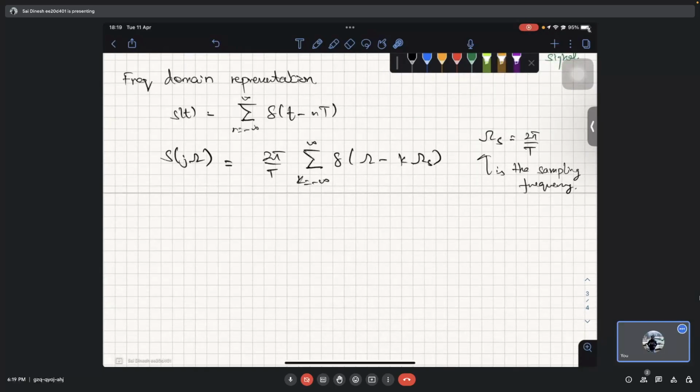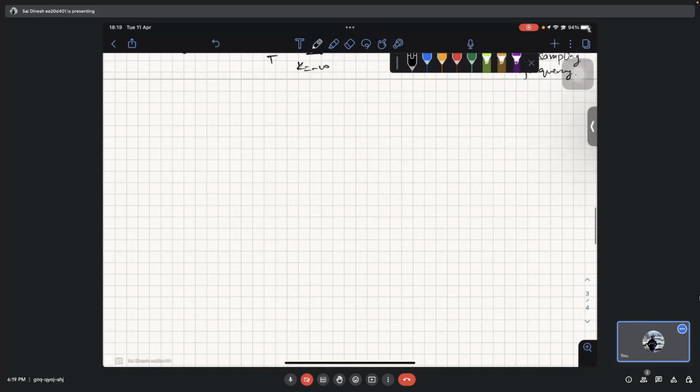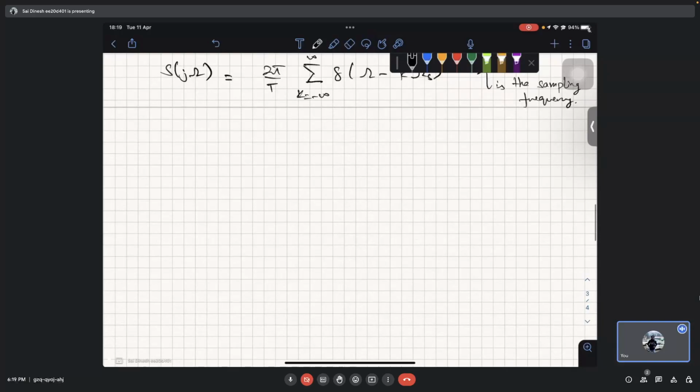So an impulse train in the time domain is again an impulse train in the frequency domain, right? Now, one more thing that we knew earlier is that xs of t is equal to xc of t into s of t, meaning in the frequency domain, I'm saying CTFT because these are still continuous time signals, right?